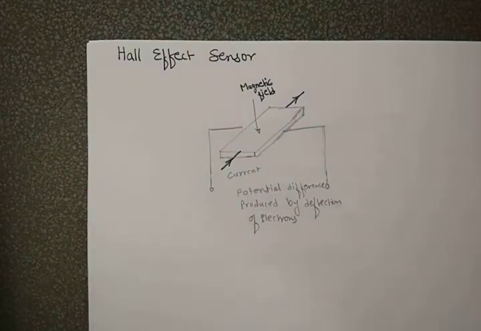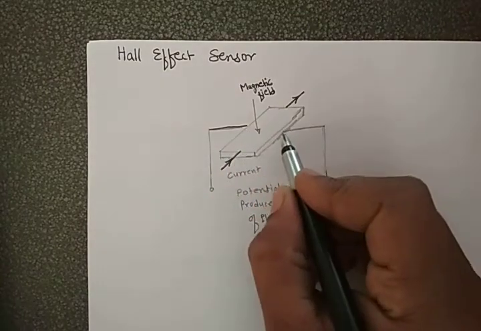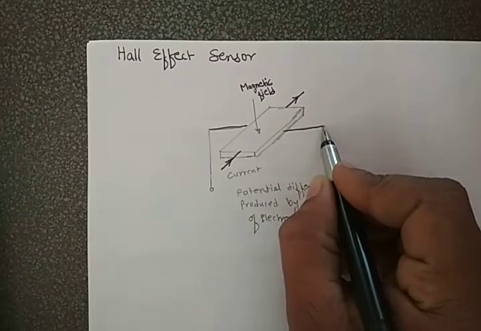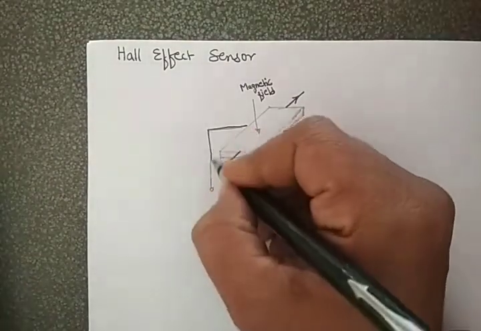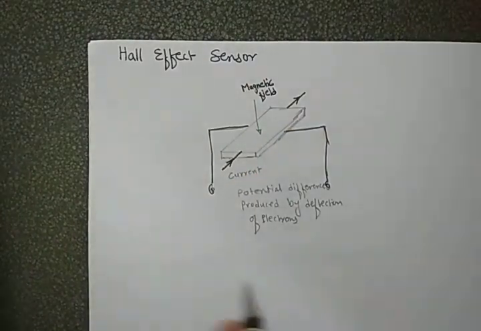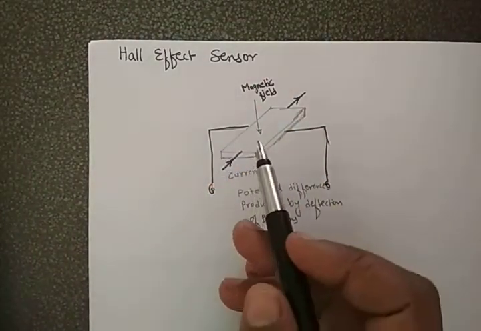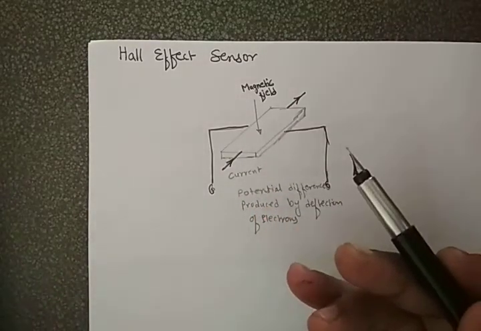The current direction will get deflected. Now, due to that deflection, what will happen? Two wires are taken like this, and the current will get deflected, and the current will create a potential difference.